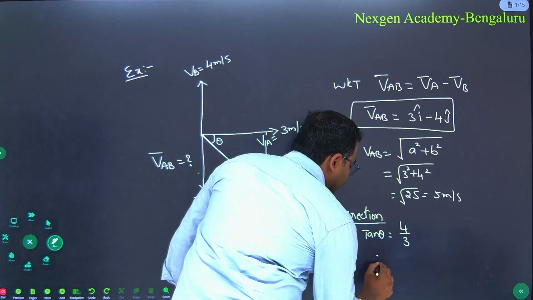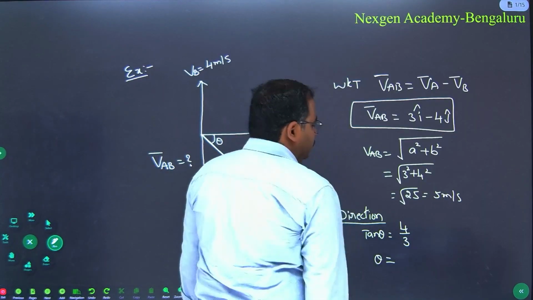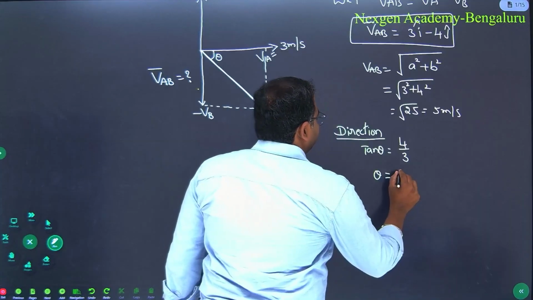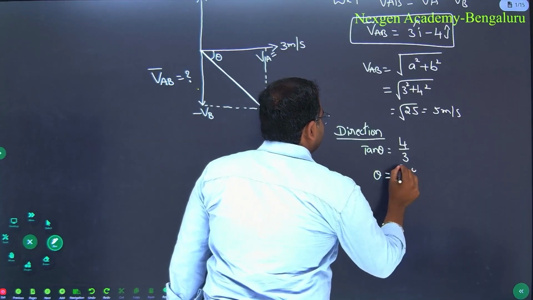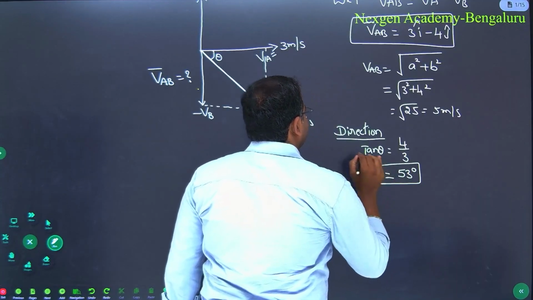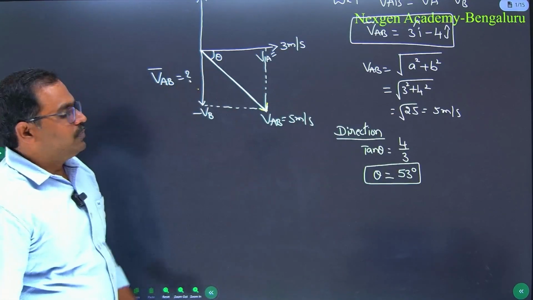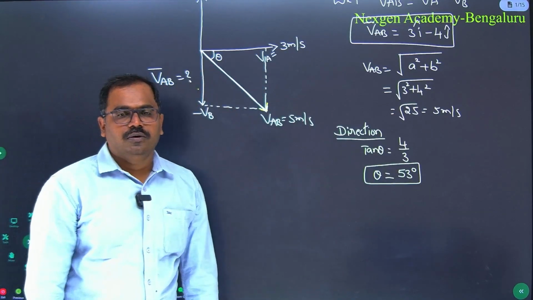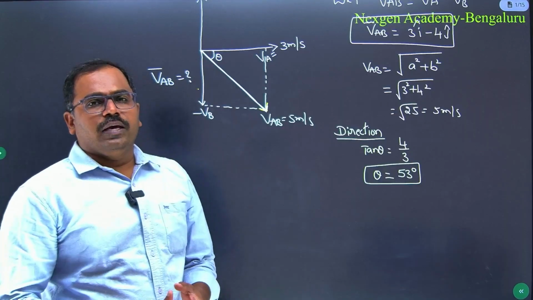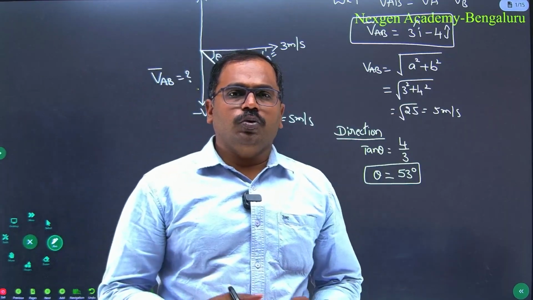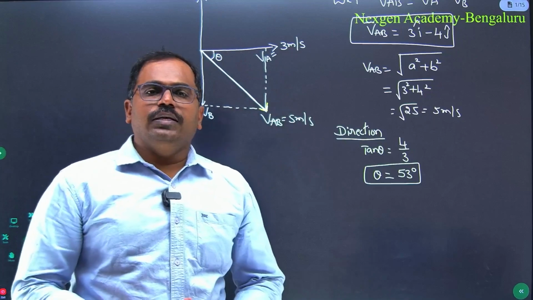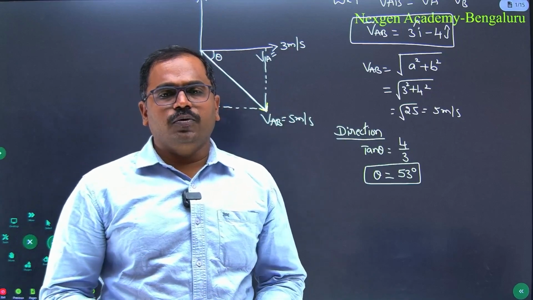This theta value is equal to 53 degrees. So this relative velocity is 5 meter per second at an angle of 53 degrees with the x-axis. In this way we can find the relative velocities of two bodies in two directions, 2D.